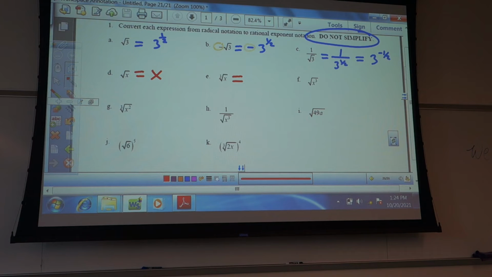Do the next one when you're done with that one. This is x to the what? Square root, not x squared. Yep, and then do the next one.